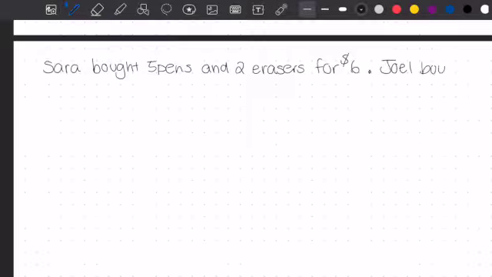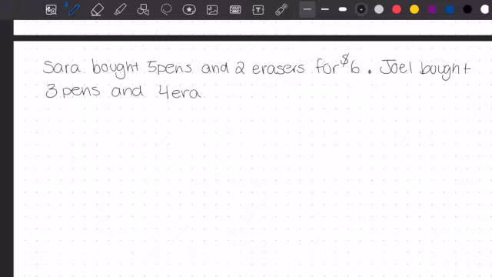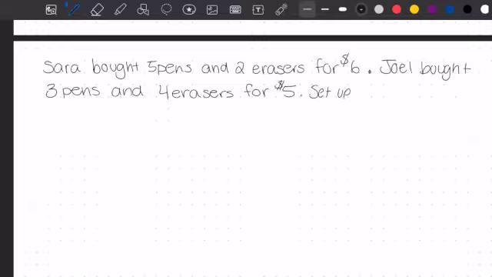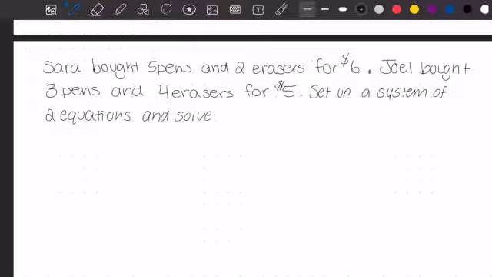Joel bought 3 pens and 4 erasers for $5. Set up a system of two equations and solve for the cost of a pen.